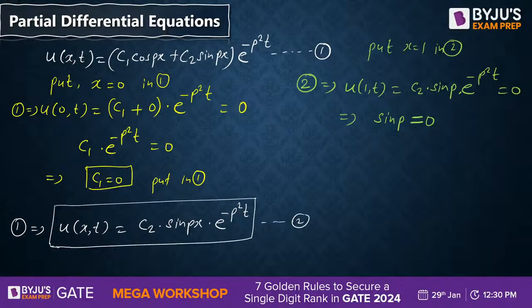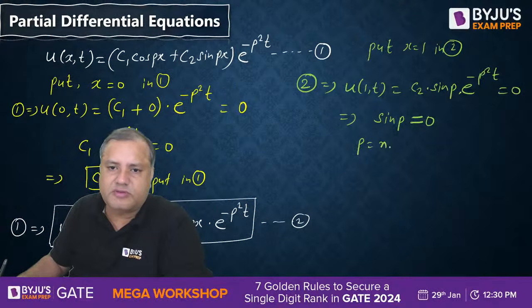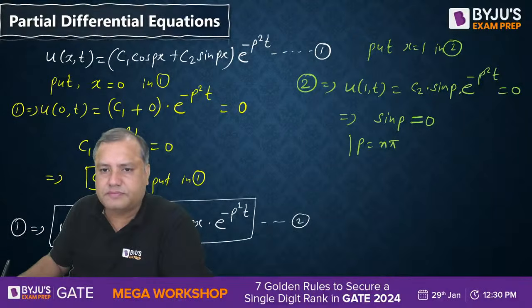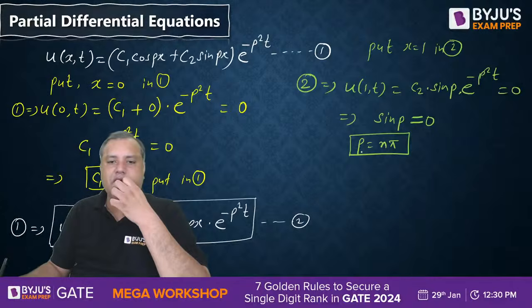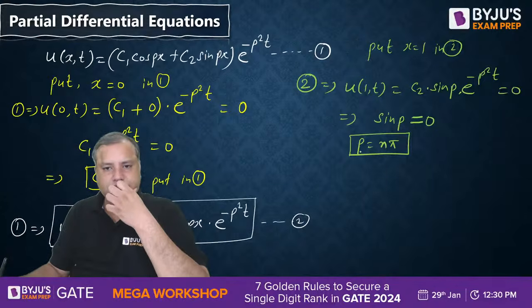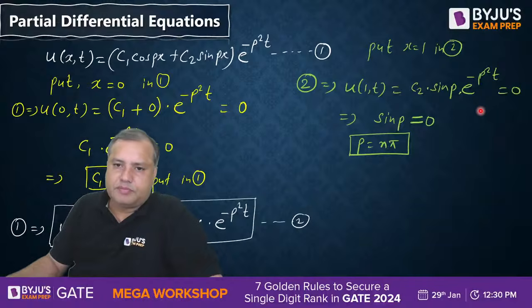For the equation sin p equal to 0, what is the general solution? The general solution will be p equal to n pi. Comfortable?